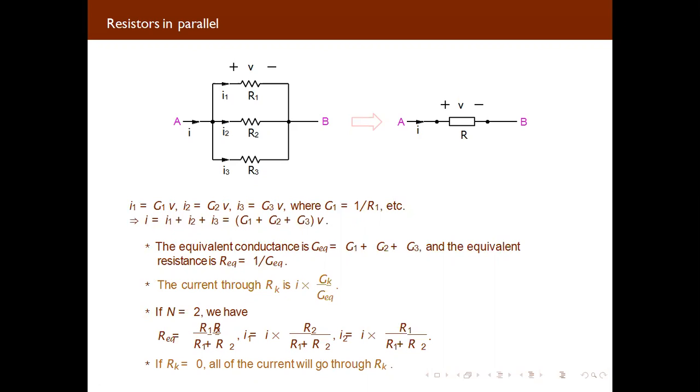So if you are calculating the current through R1, by using the current divider rule you can take total current into the other resistor R2 upon the total resistance R1 plus R2. This we are saying as the current divider rule.